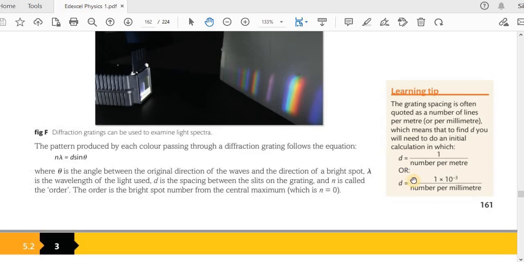Now if they give you the distance between the gratings, then you can find the number of lines in that grating. Grating spacing is often quoted as number of lines per millimeter or per meter, which means that to find d you will need to do an initial calculation in which d is equal to 1 divided by the number per meter.